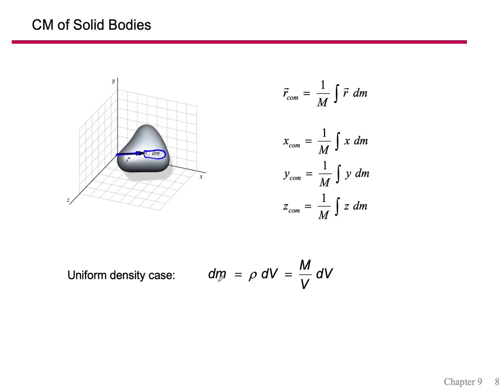One way of solving for dm is taking the density, that's the mass per unit volume, times dV, the volume of that little cube I have right here. And again, remember that you could rewrite rho, the density, as the total mass divided by the total volume, times dV, where dV is the volume of that little tiny cube you see there.